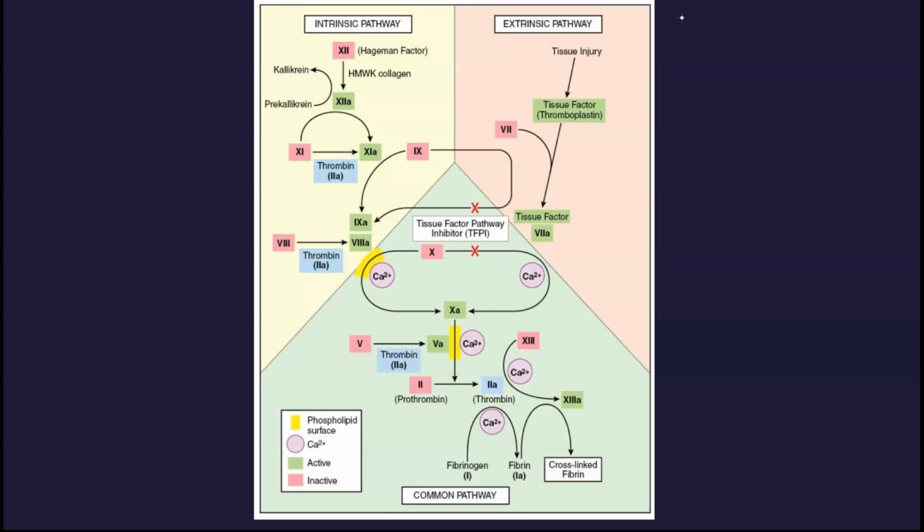Going back to your liver, this is also part of the reason why alcoholics bleed so much. All of these factors, right? You've got 12 and 11 and 11A and 9 and all of these guys, right? All of these various factors help you clot. Your liver can do one thing at a time. And if it happens to be breaking down alcohol, it won't be able to produce clotting factors.